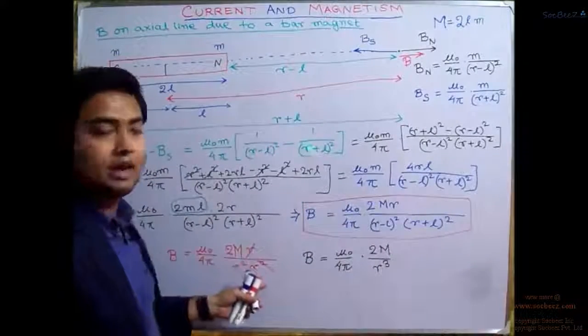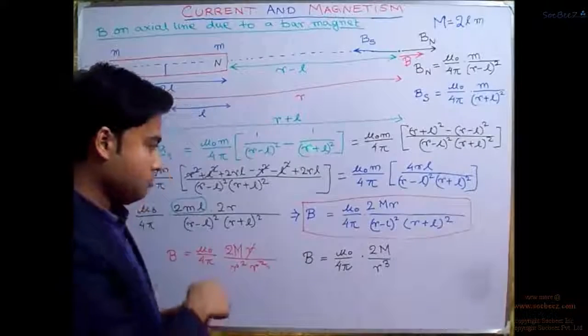R square multiplied by R gives simply R cube.